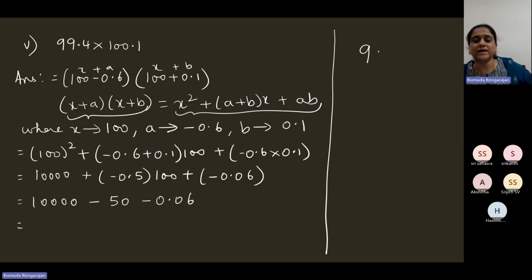Okay, it's 9,950. All of you see the subtraction here? I'll do it for you. 9,950.00 minus 0.06. Look at the screen.